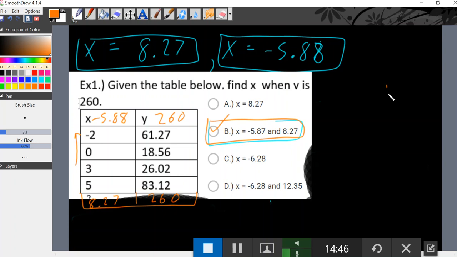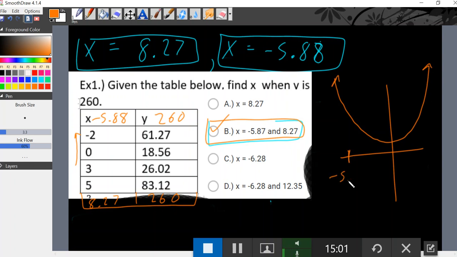So what's really going on there? Well, we're saying this. We're saying that we know our quadratic probably looks something like this, and that when we are at an x value of negative 5.88, and you were to go all the way up to where you would hit this quadratic, well, it's going to be at a height of 260.